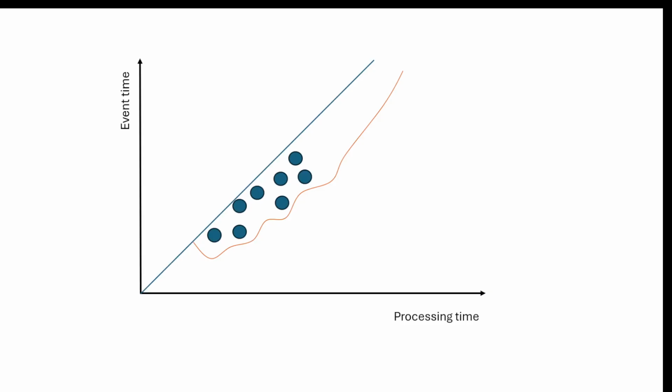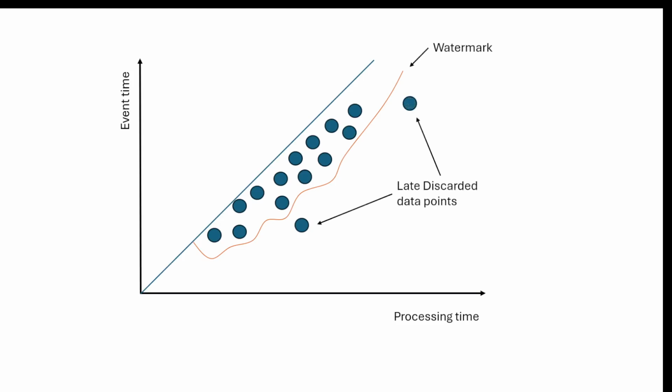This orange line is the boundary, or the watermark, that we have defined for this particular window. Now, if there is one event which came outside of this window, but the other events came perfectly fine within the window itself, then those events will be processed. The event which comes outside of that watermark will not be processed by Flink windowing. It will say that this is late, even beyond the toleration that was given to the window, and it will discard that particular record.